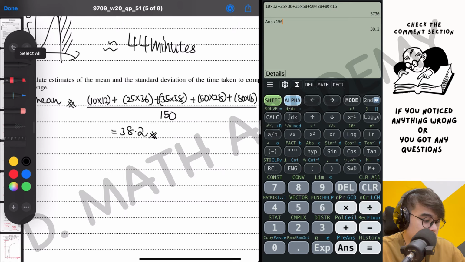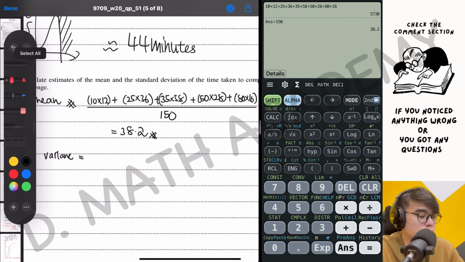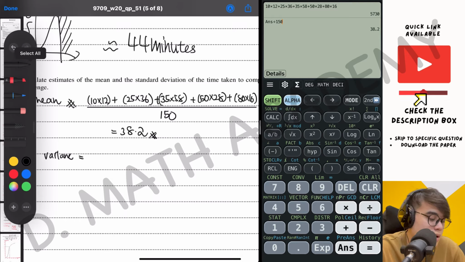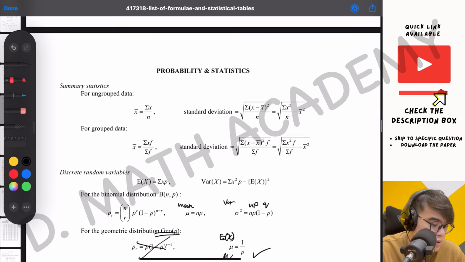So let's move on to calculate our variance. By identifying the variance and then taking the square root, you will get your standard deviation. The only difference here is that all the x that we have, we have to square it. What we are doing here is actually for grouped data.